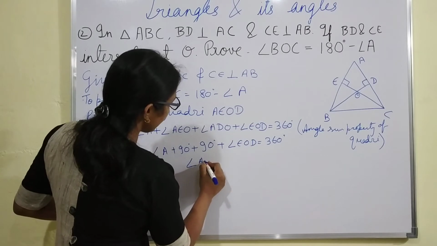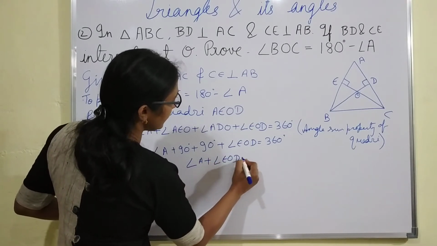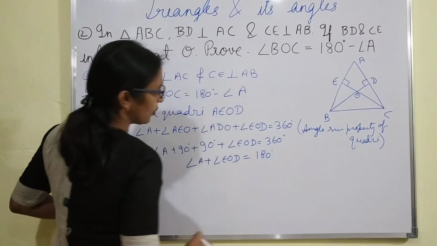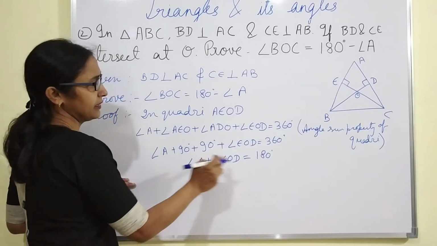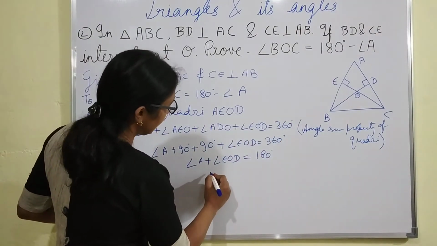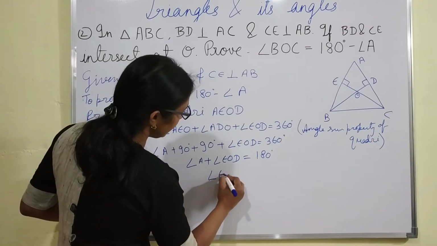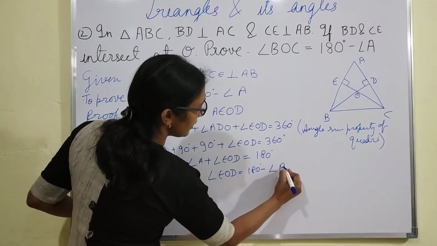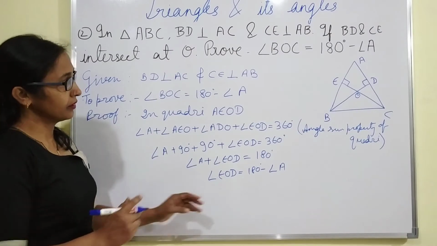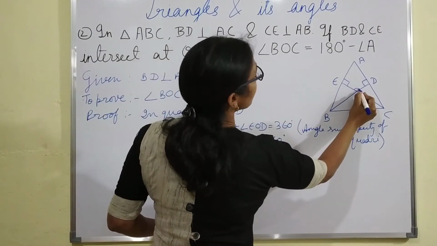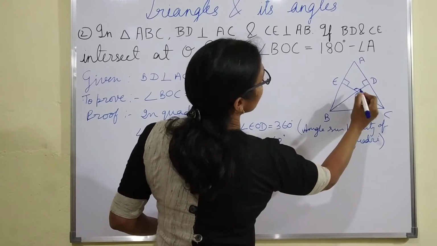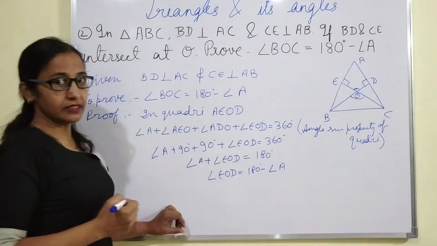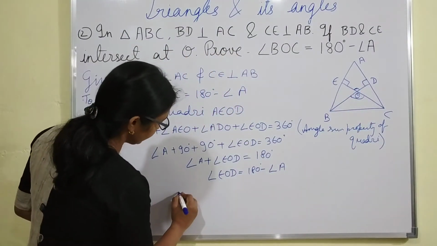So angle A plus angle EOD equals 180, transposing. 360 minus 180 is 180. So angle EOD equals 180 degree minus angle A. Now look in this diagram, angle EOD and angle BOC are vertically opposite angles, so they are equal.